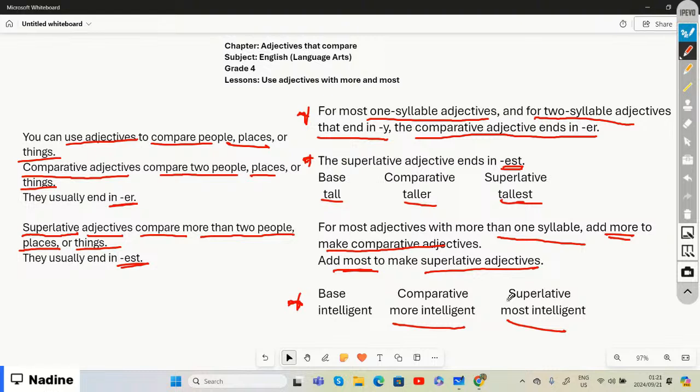And if we, for example, have a word with more than one syllable, we use the word more in front of that word for a comparative adjective, and we use most in front of that word for a superlative.